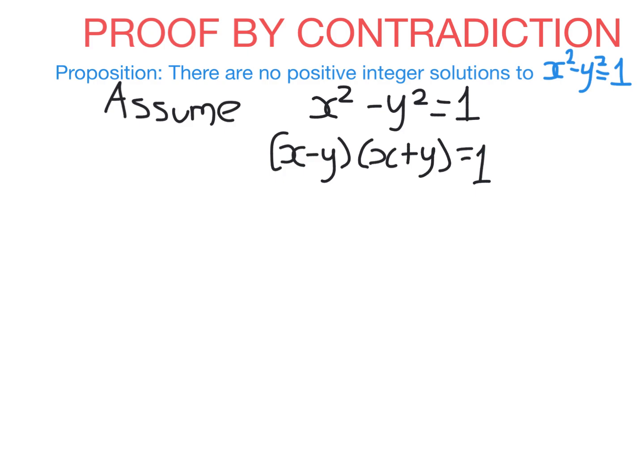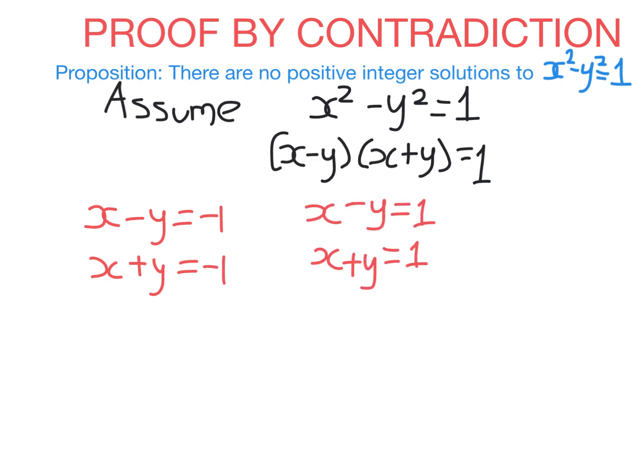The only possibility is either both of these integers are equal to -1 or both of them are equal to +1. They're the only two possibilities. You can't have any other pair of integers multiplying to give 1.